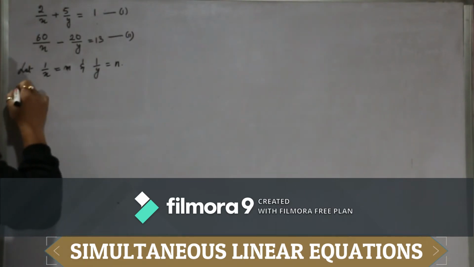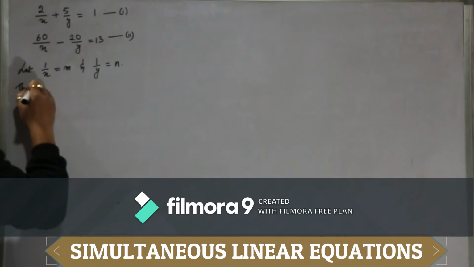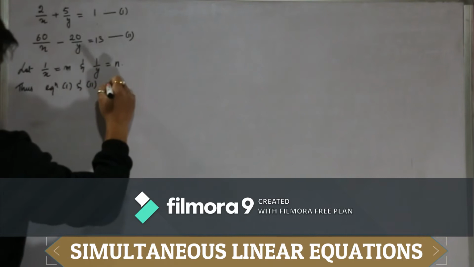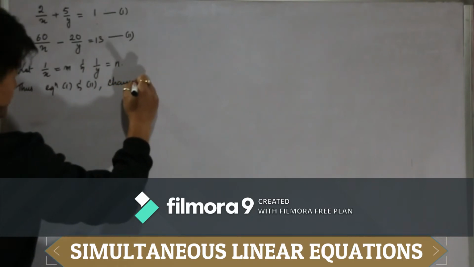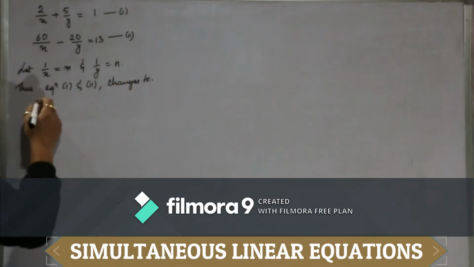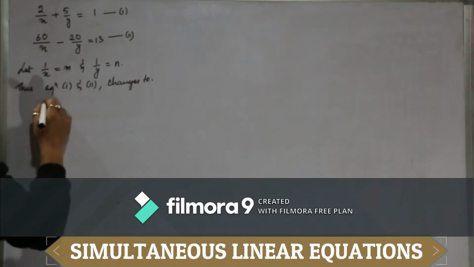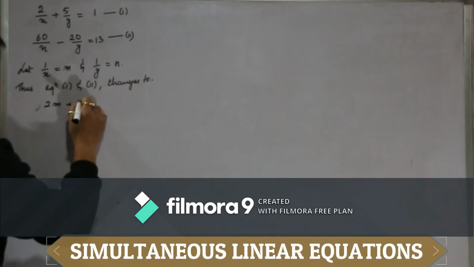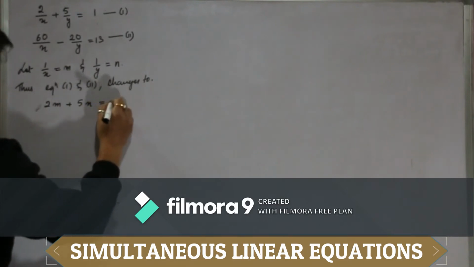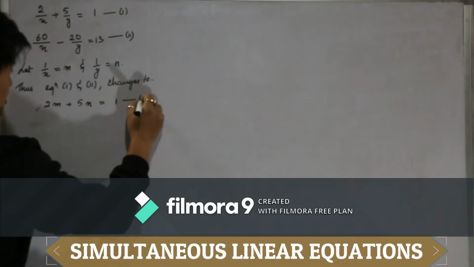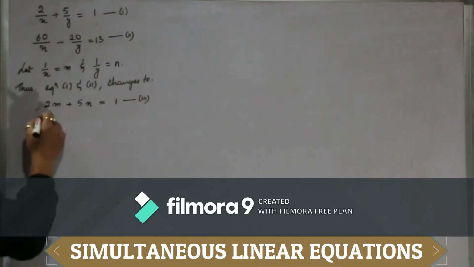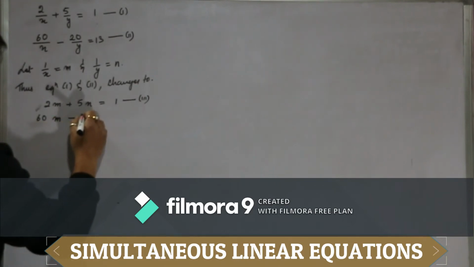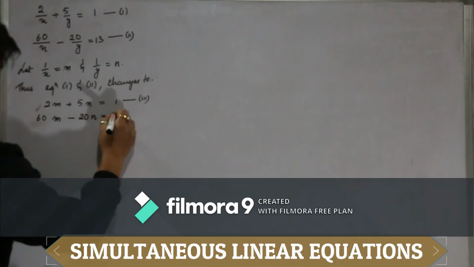Okay, so thus equations 1 and 2 change to 2m plus 5n is equal to 1. This will become equation 3, and similarly here 60m minus 20n is equal to 13.